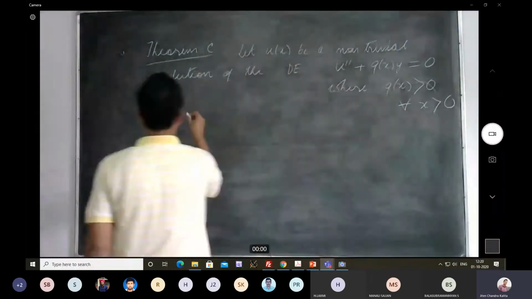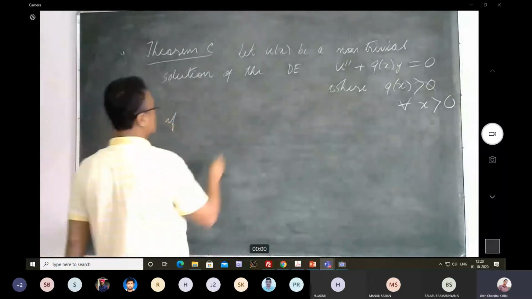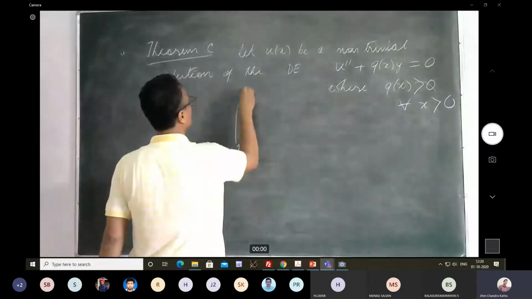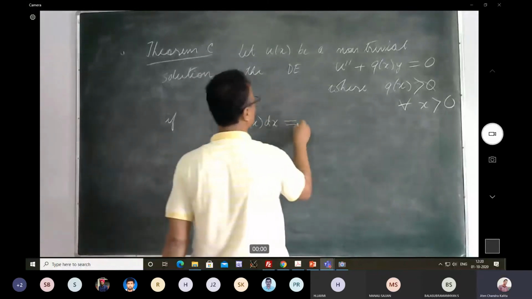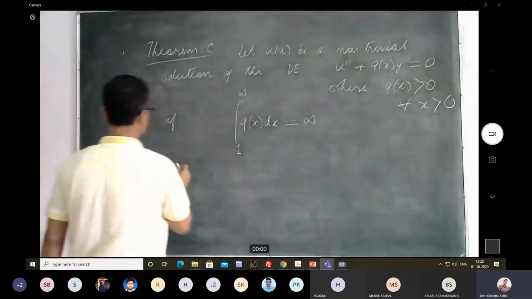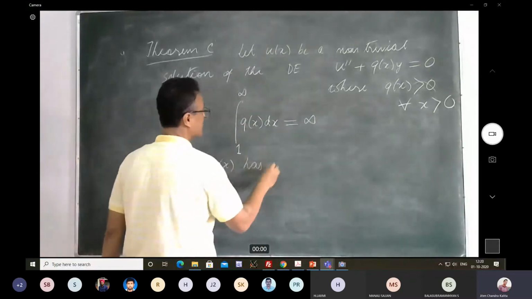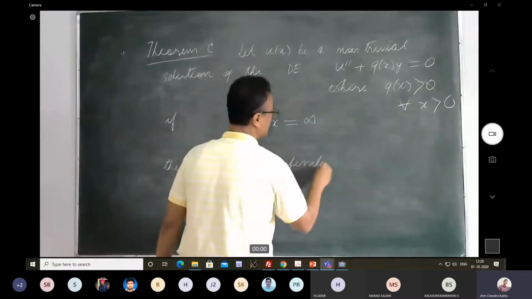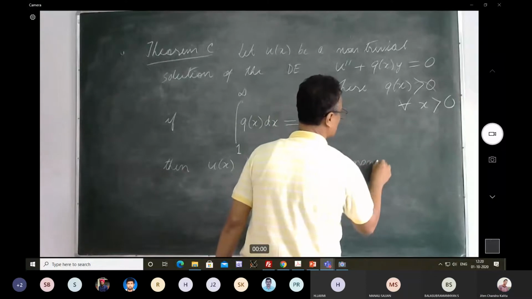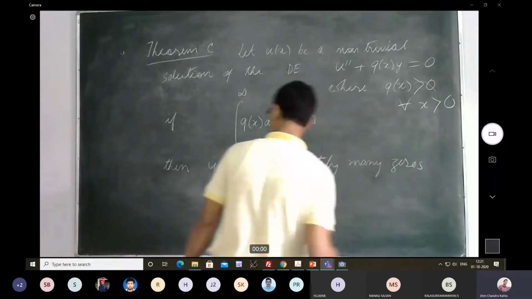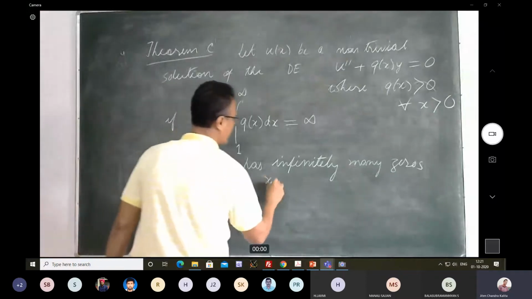Okay, so if the integral of q(x) from 1 to infinity is infinity, then u(x) has infinitely many zeros along the positive x-axis.